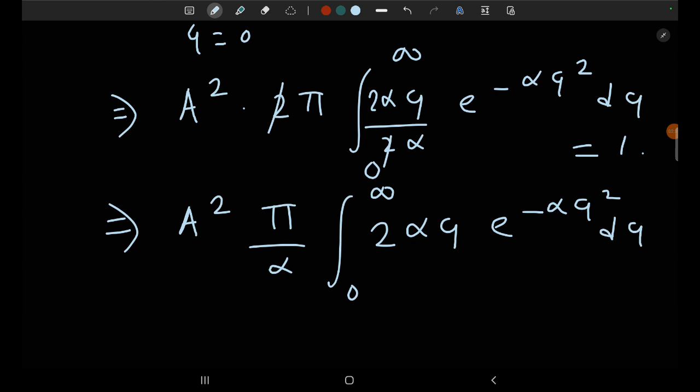The reason we multiplied and divided by 2 alpha is that we are using simple class 12 calculus integration knowledge.